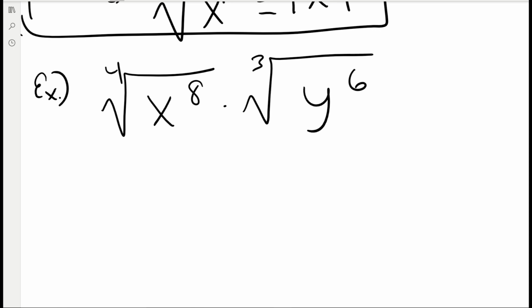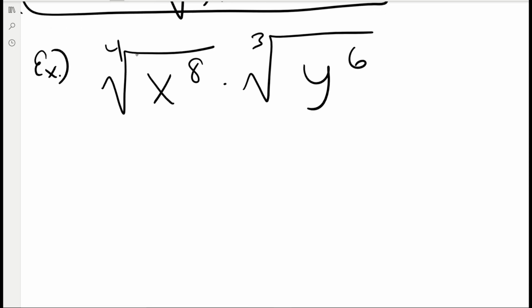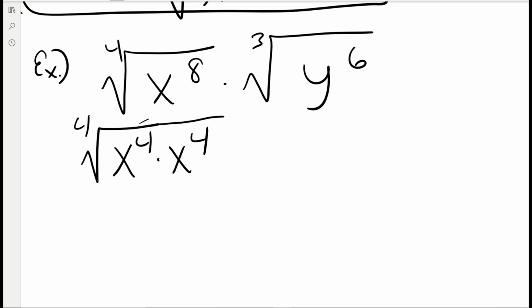So let's look at the x part. So we know we have x to the 8th and we want to do fourth root. So what we need to do is, well, we have 8 of them, and the only way I can get this to cancel out is if I turn this 8 into a 4. So what I'm going to do is break this into x to the 4th times x to the 4th.